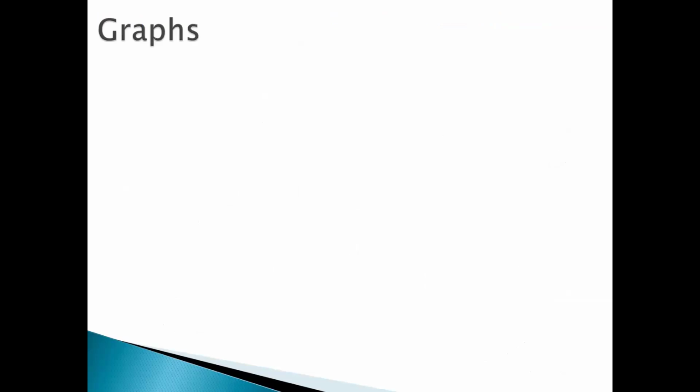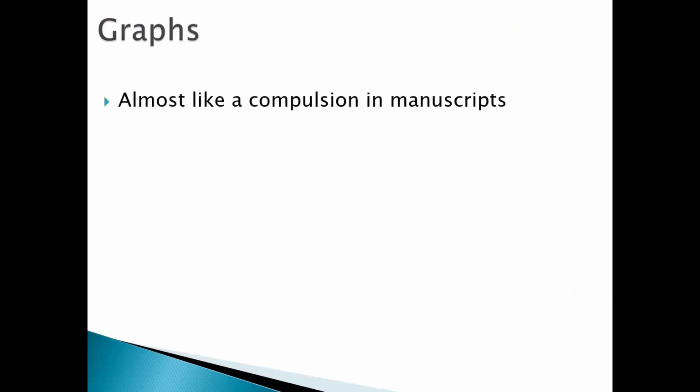The most important and very commonly used element in the result section is the graph. Now it has almost become like a compulsion in manuscripts. There are many times that we flip through the article to see whether there are any images and any graphs to understand better, because they are very attractive.